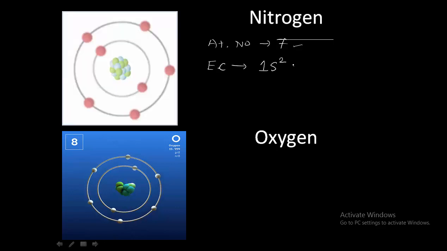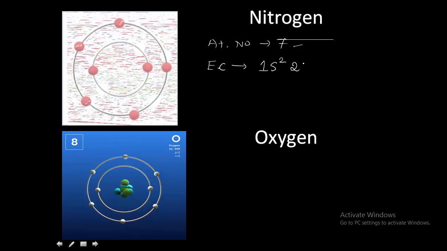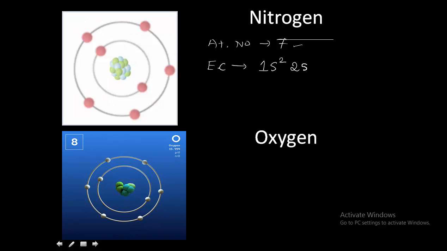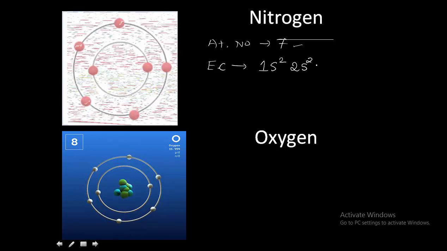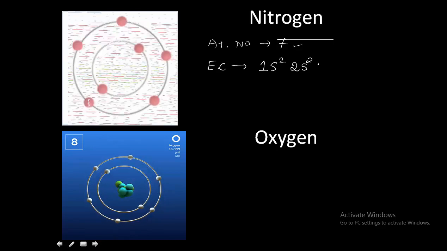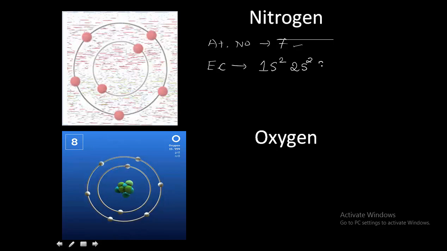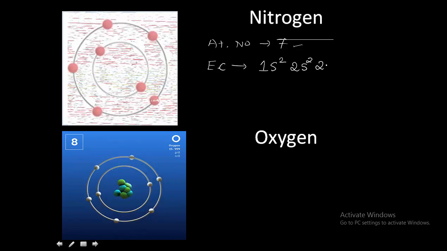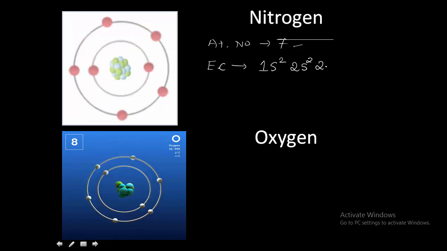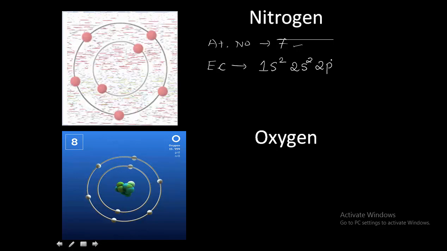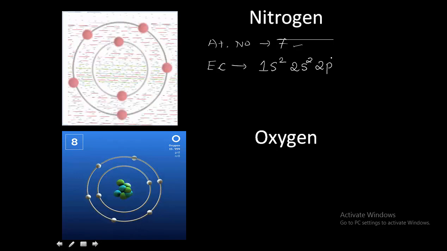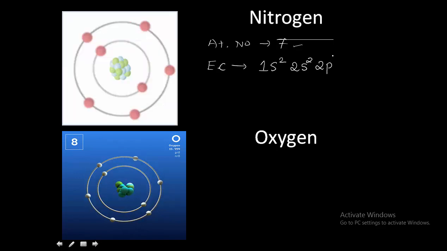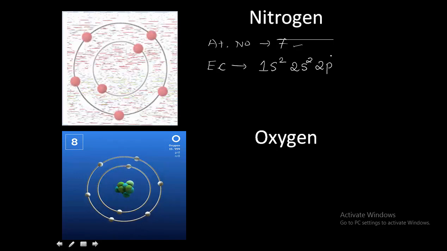Next, they will go to the second shell. First, they will fill up in the S subshell. Again 2 electrons got filled. And in the same shell, that is the second shell, another subshell is there, that is P. In that P subshell, they will fill the remaining electrons.